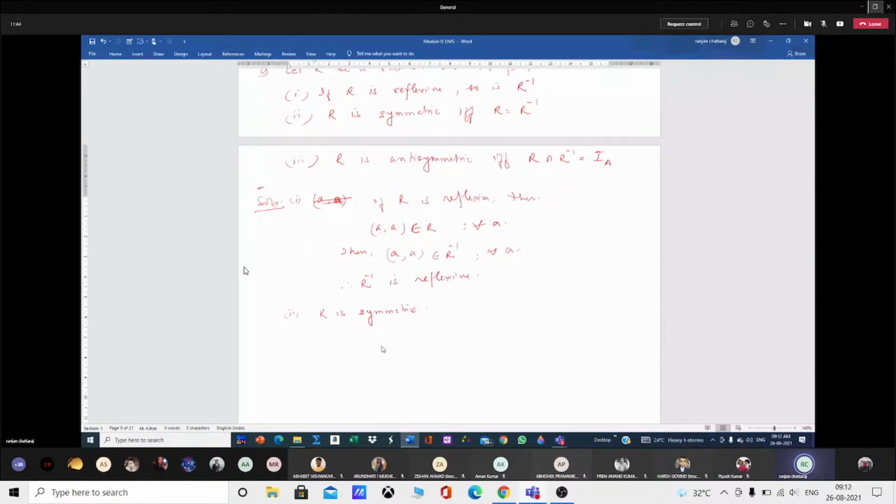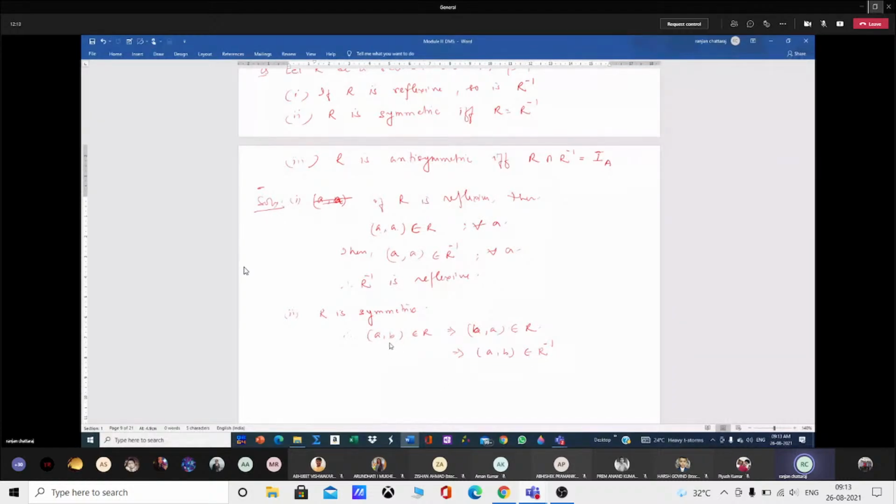Therefore (a, b) belongs to R, for all a, b elements of A. This implies (b, a) belongs to R, and this implies (a, b) belongs to R inverse.